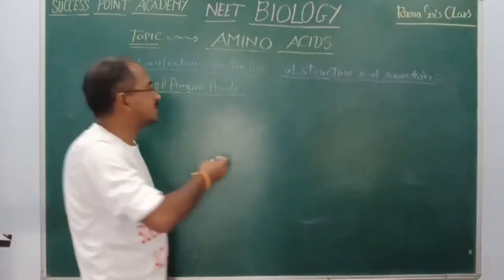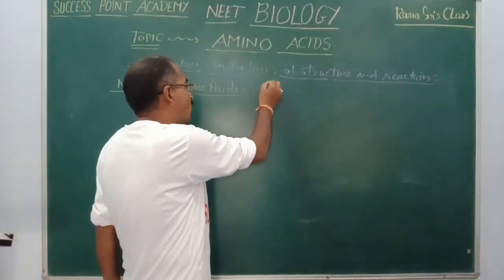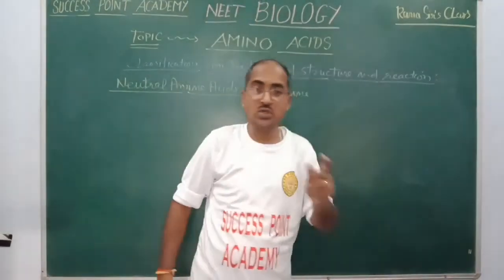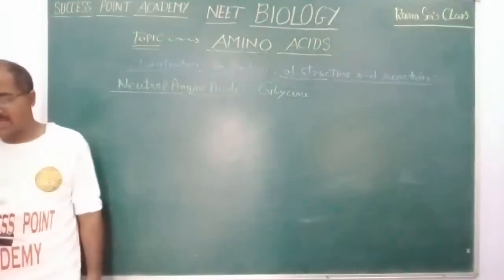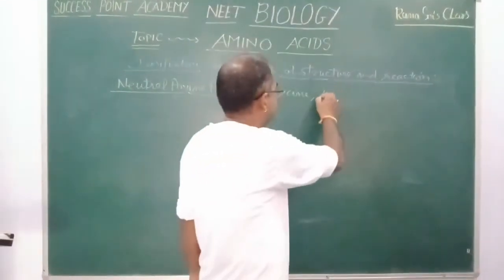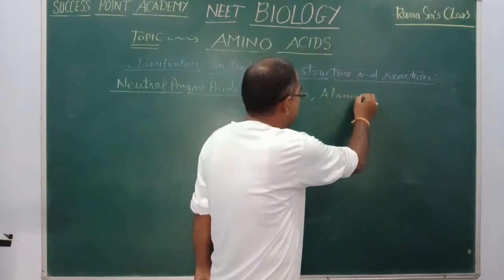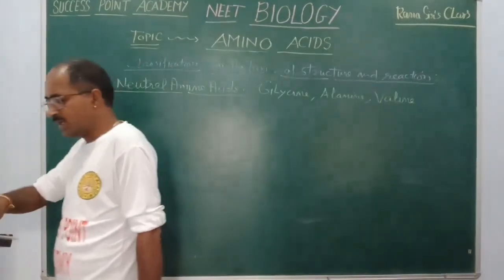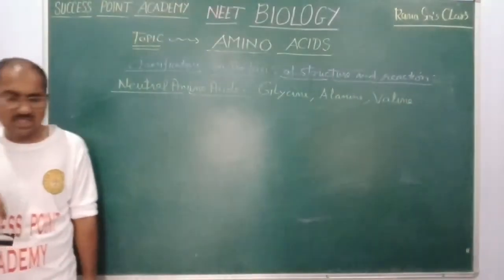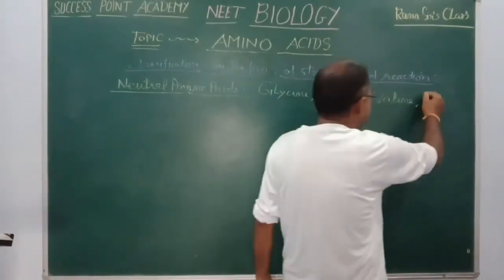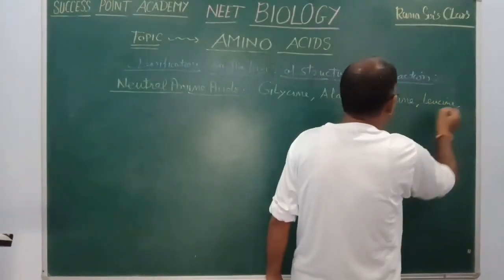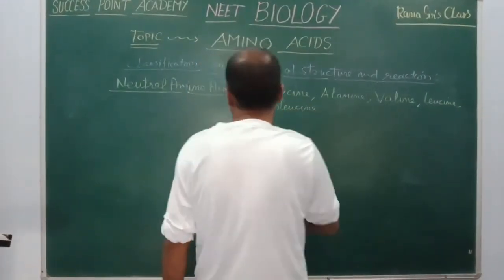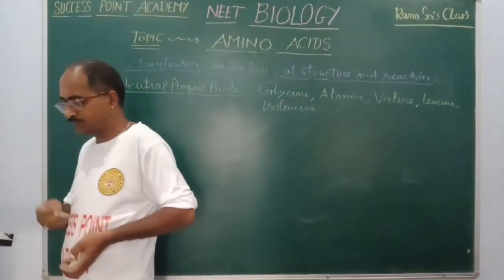Remember this, neutral category: glycine, alanine, valine, leucine, isoleucine. These are the neutral amino acids.